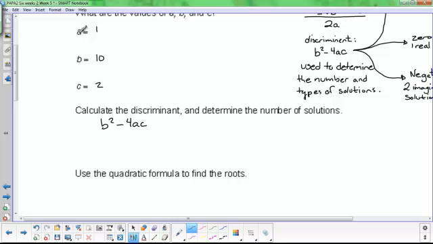You're only using the values of a, b, and c, which are the coefficients of the x squared term, the x term, and the term by itself. So we get b squared, which is 100, minus 4 times 2 times 1. That is a positive 92. The value of this discriminant is positive, therefore there will be two real solutions.